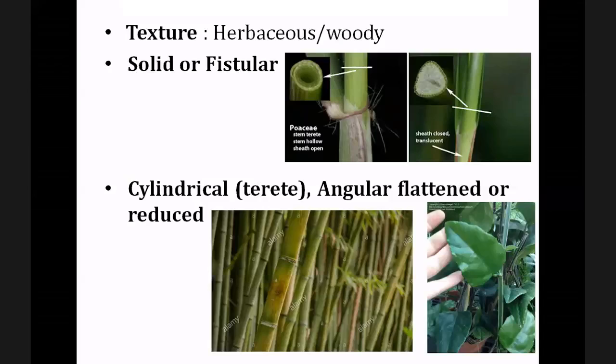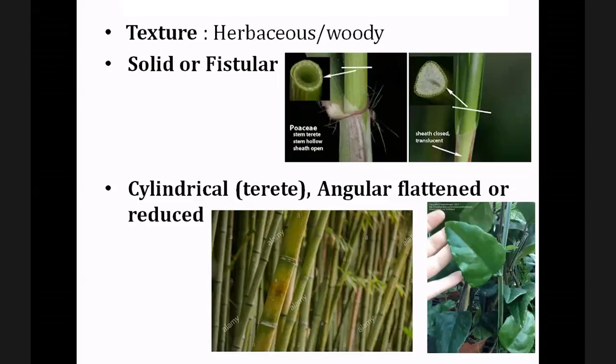The cross section is not round; they have ridges and furrows. This angular stem may be flattened or angled, so they are further divided into flattened or angled. That's why we call this stem angular flattened. At the cross section, they are not rounded; they have ridges and furrows.